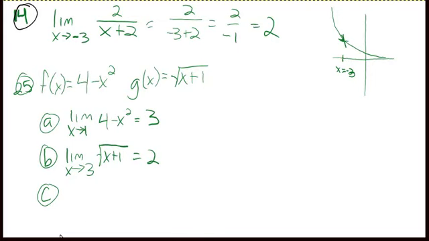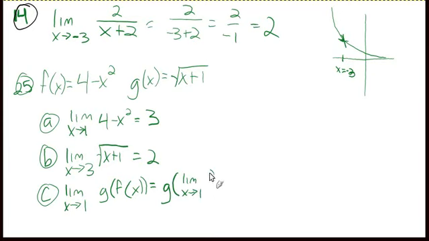This seems too easy. The limit as x approaches 1 of g of f of x. Aha. Okay. Now, we have this theorem that tells us that this would be the same as if we just did g of the limit as x approaches 1 of f of x.